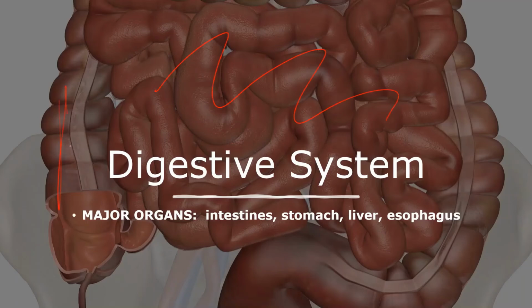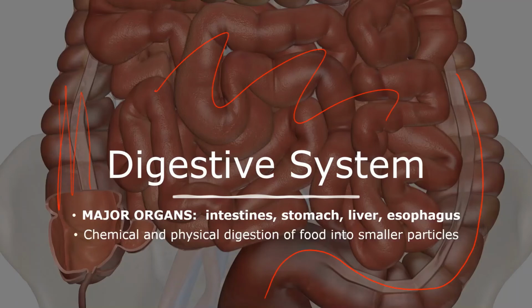On the sides here though, snaking around like an S, that's the large intestine or the colon. What's not shown is the stomach or the liver or the esophagus, basically the tube in your throat where the food goes down to your stomach. Those aren't shown, but the digestive system is very large as far as the number of organs and very complicated.